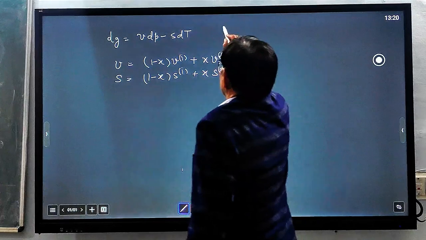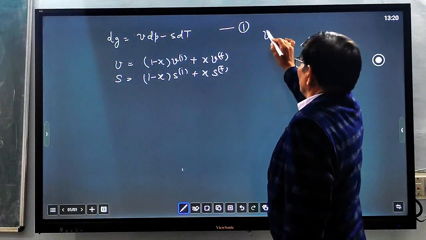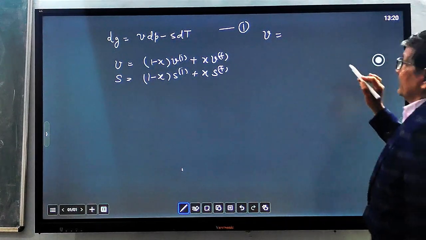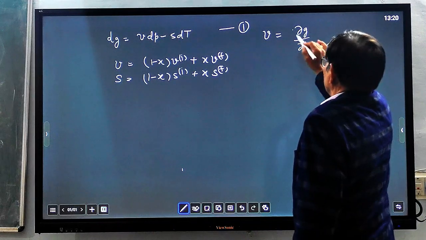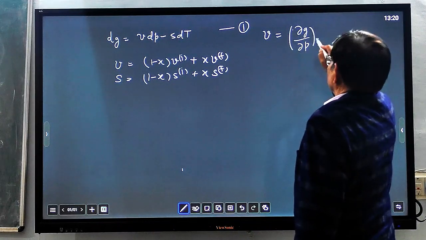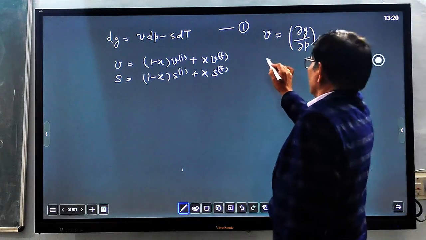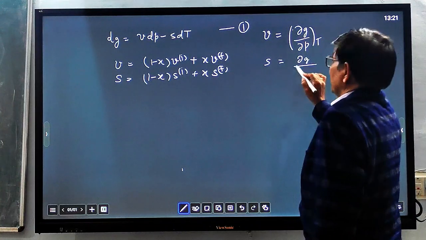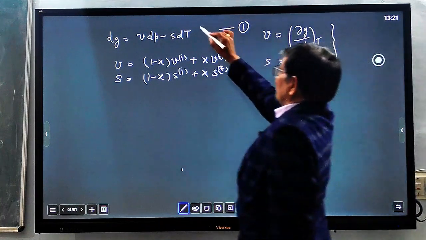These are two transformations, and from equation number 1 we can define the volume V equal to del G over del P at constant T. Similarly, the entropy S equals minus del G over del T at constant P, using equation number 1.